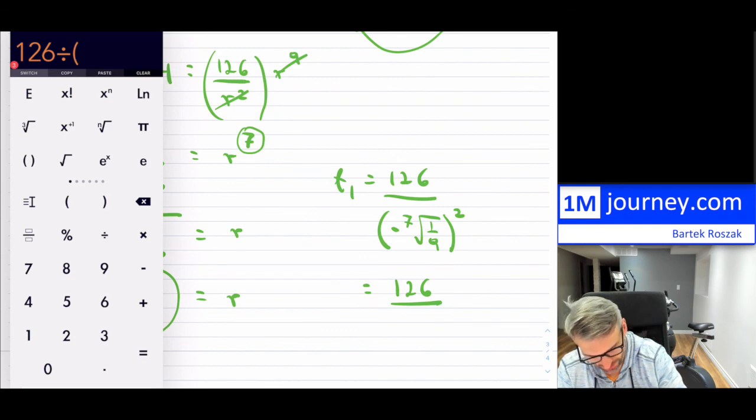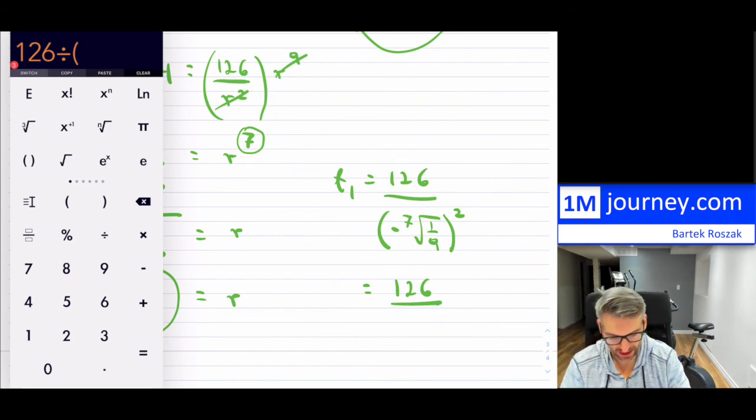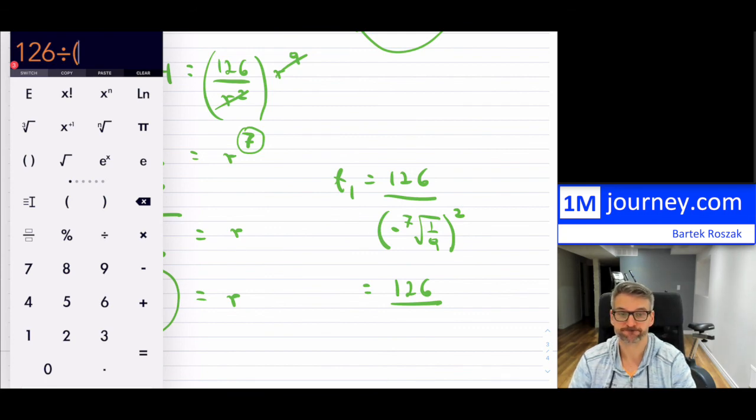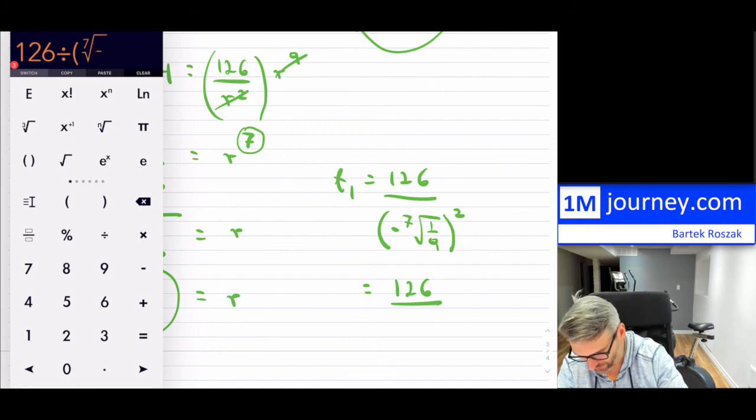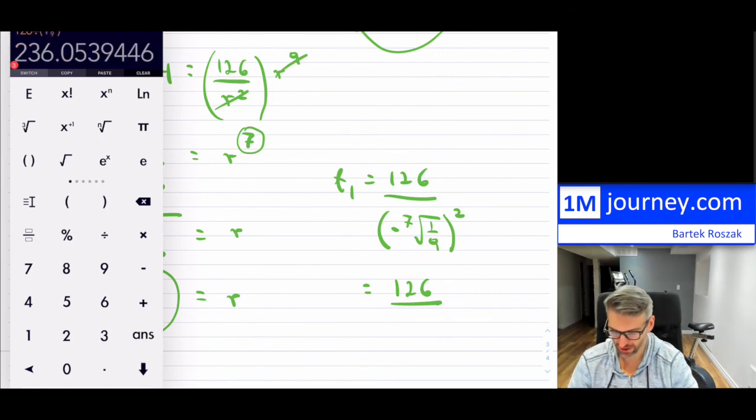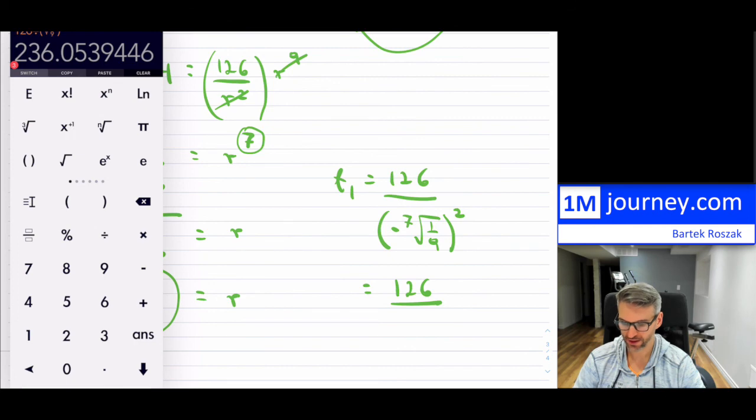The negative is going to be gone because we're squaring, so I'm not going to put the negative in there. It's 126 divided by the 7th root of 1 over 9, and this whole thing is being squared. So that would have been our T1.